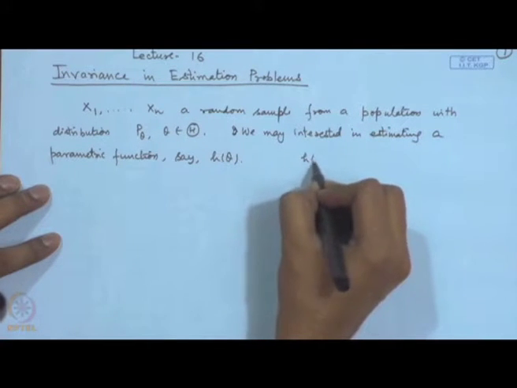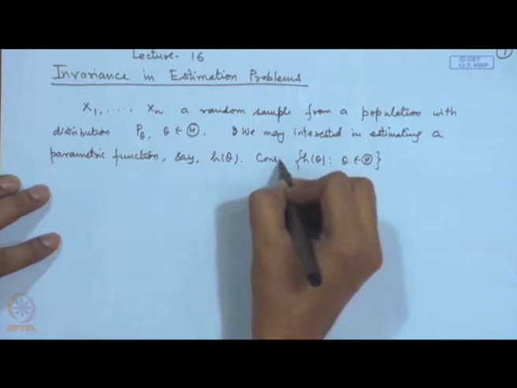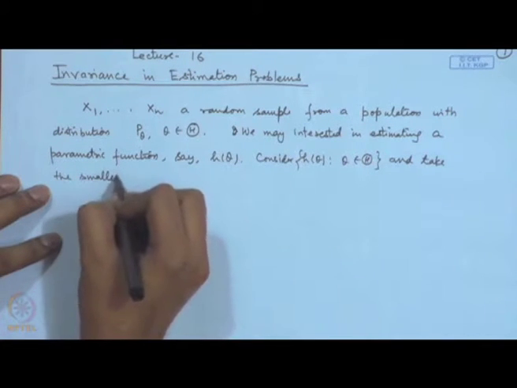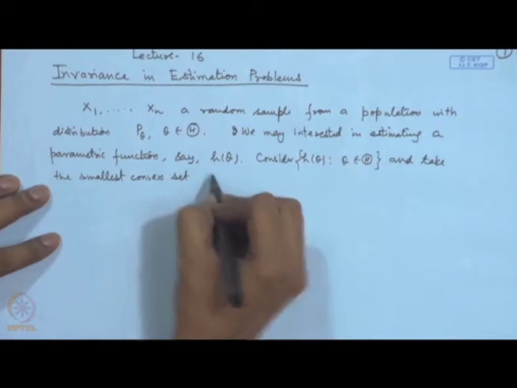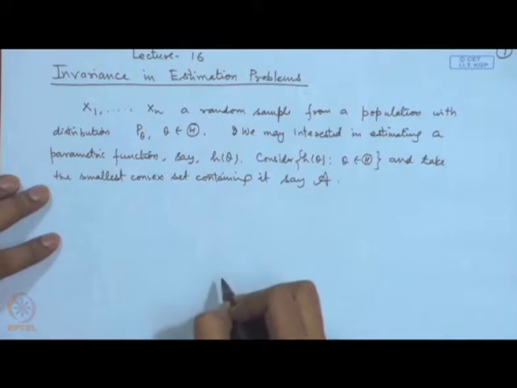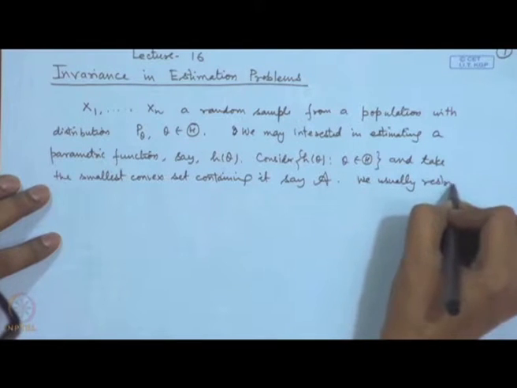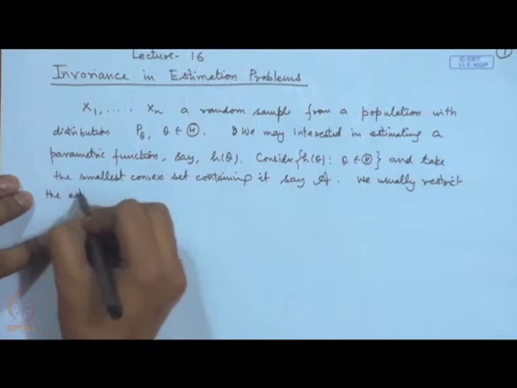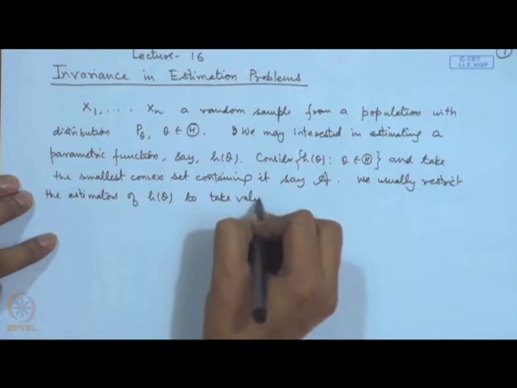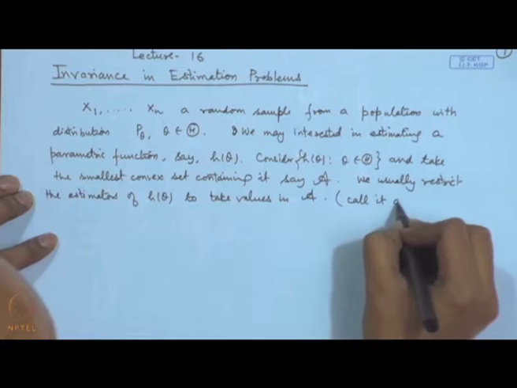So, let us consider the space h theta, theta belonging to Theta, and take the smallest convex set containing it, say with notation script A. We usually restrict the estimators of h theta to take values in A. We call it the action space.